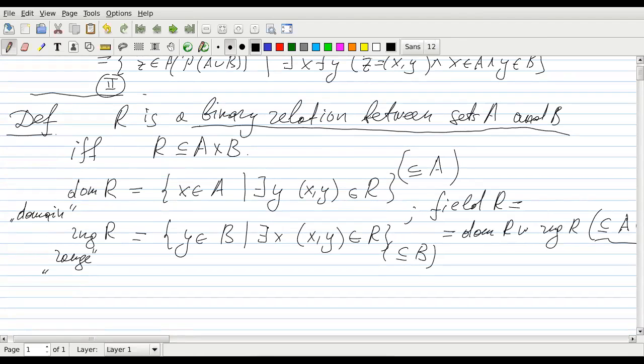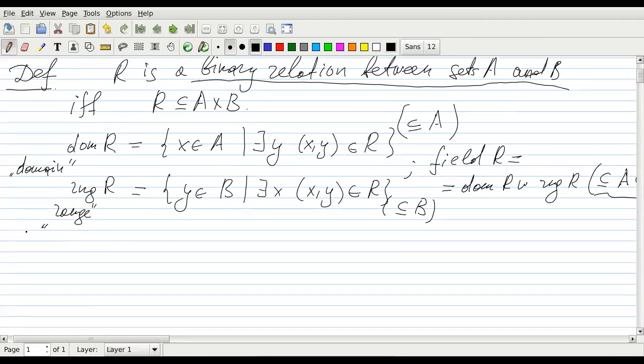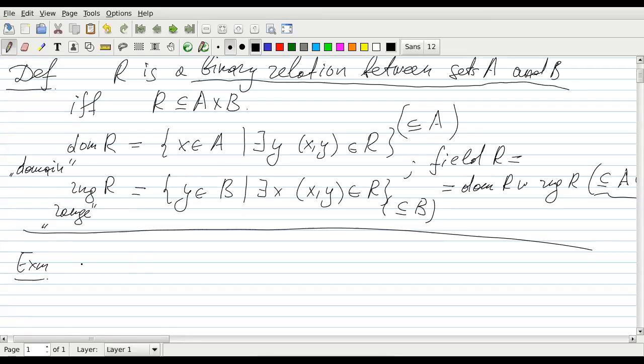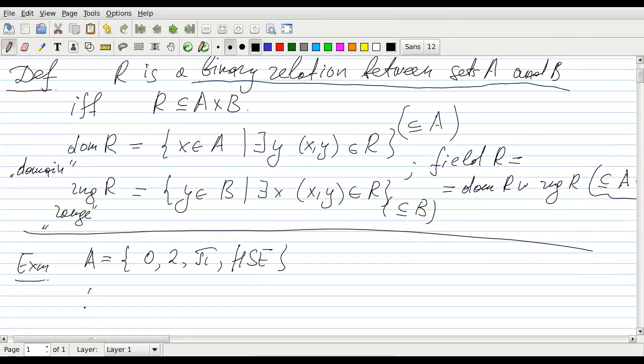And now let's make our presentation not that abstract and give an example. First of all, let's take some A and some B. Let A be 0, 2, pi. Do you know the number pi? Of course. And also let's consider our university, HSE.